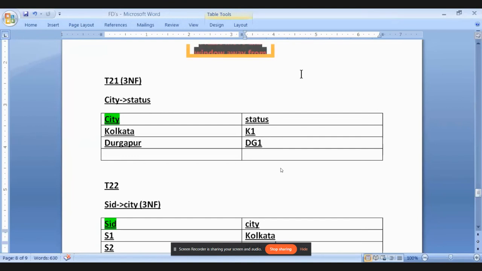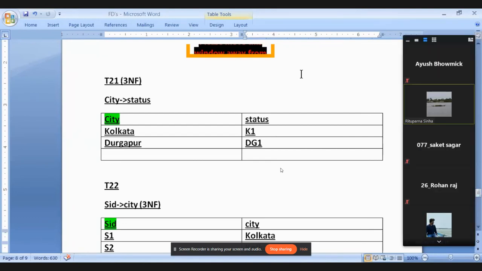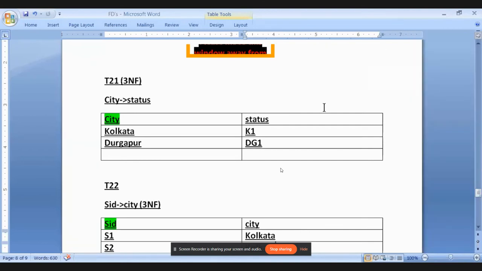Only 32 participants have given their attendance. Just see. 41 participants are there. Out of those, only 33 participants have entered their attendance. Others are not there actually.